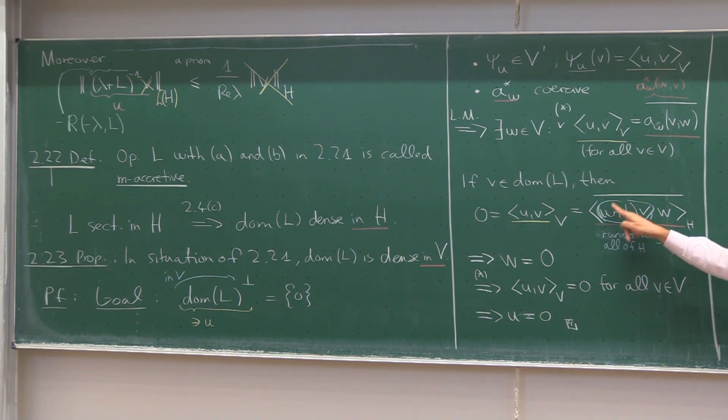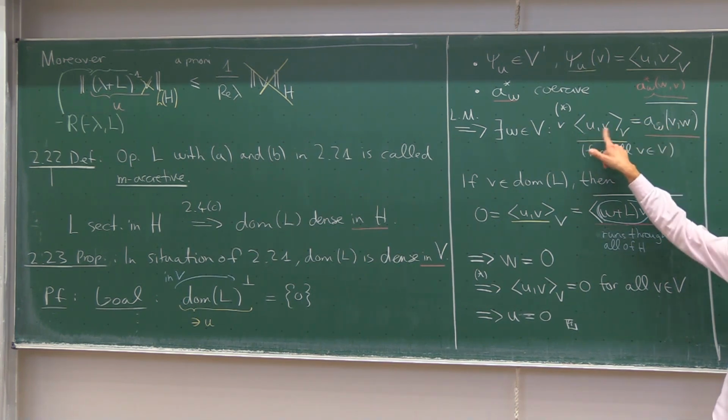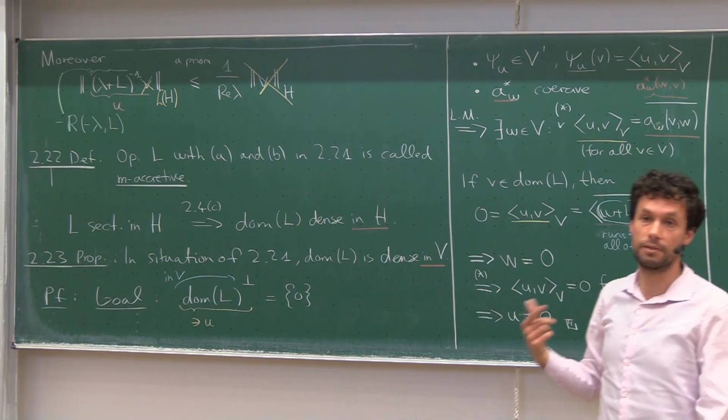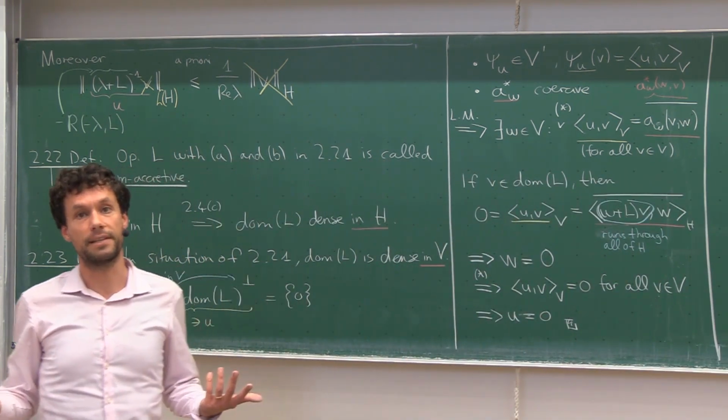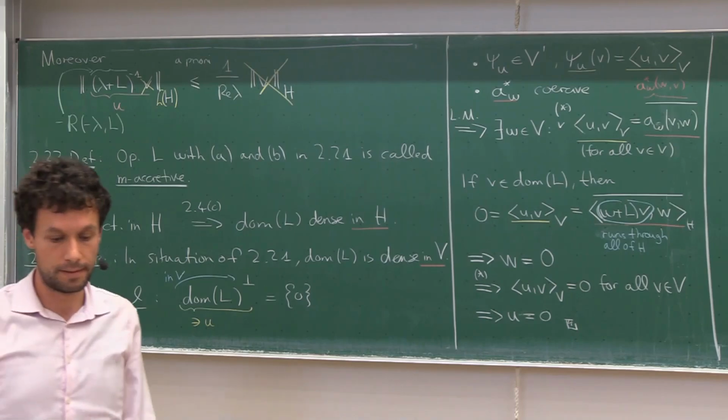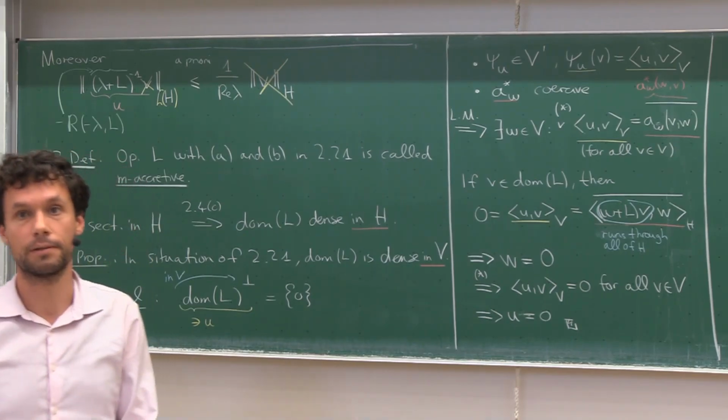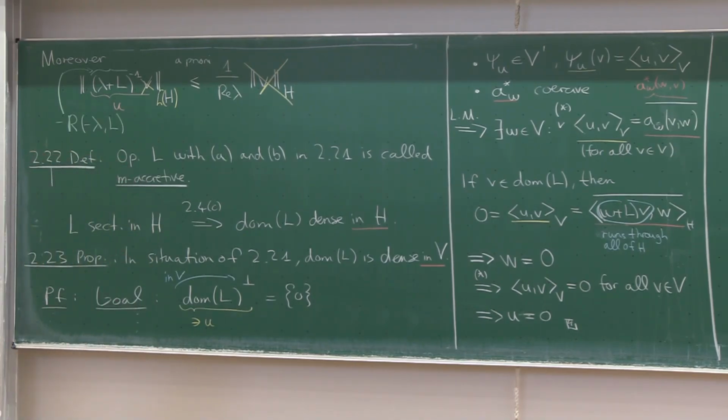But this expression can reach every element in H. So in H you get 0 for this W guy, and the W guy represents this pairing, and so the pairing is 0 not just for every element in the domain, but for every element in V, and then U is 0. It's a strange proof, but it works.